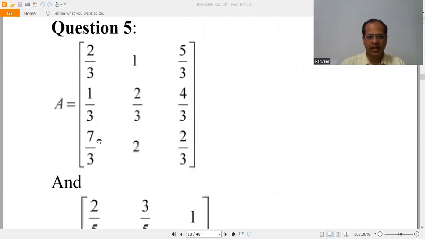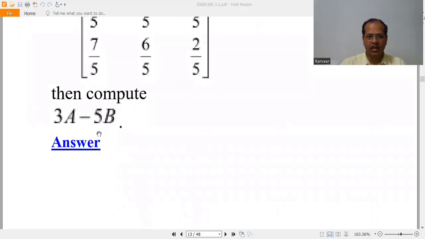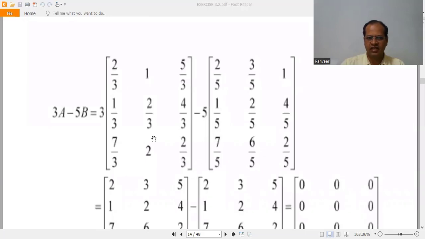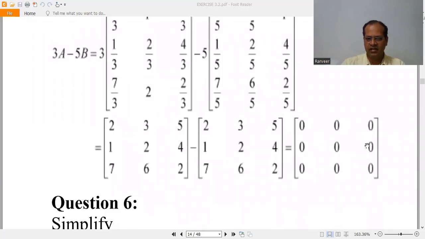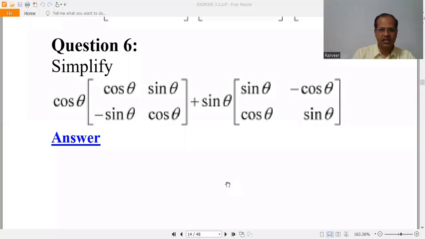Question number 5, A, B, 3A minus 5B. Now the matrix A we have to multiply by 3, matrix B we have to multiply by 5, and just do the subtraction. This is the easiest type of question. Now question number 6, cos theta. Just we have to multiply.